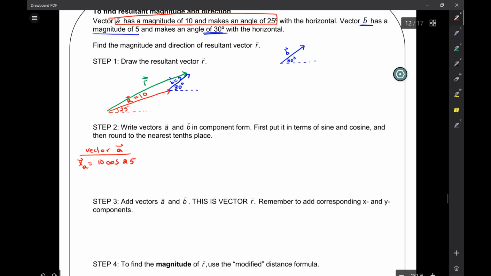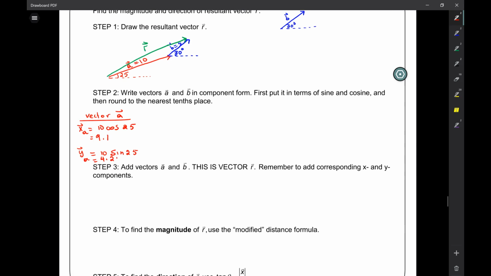And what's the y component of A? 10 sine 25. So go ahead and put those in your calculator and write them down, and then we'll go from there. All right, so this is what we got for the x and y components. So I say vector A is equal to 9.1, comma 4.2.